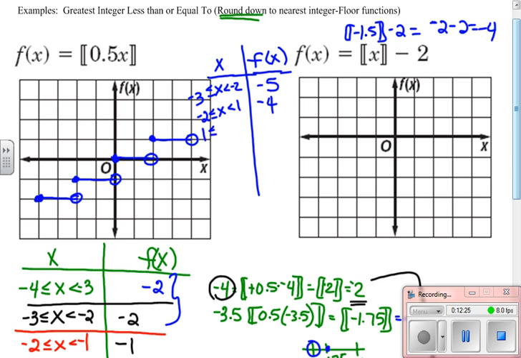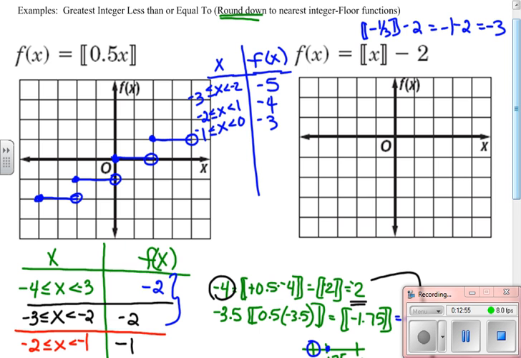And my next interval, if I pick 0.5, and you could pick 0.3, I'm using 0.5 because the math is easy, but let's say even if you picked negative 0.3, or negative 1/3, minus 2, that's going to round down to negative 1 minus 2, which is negative 3.